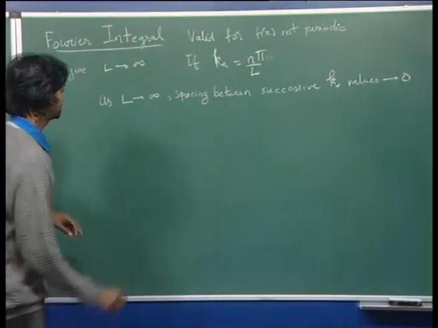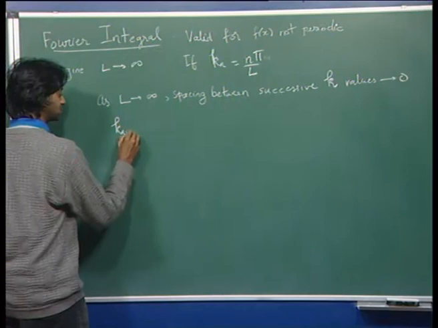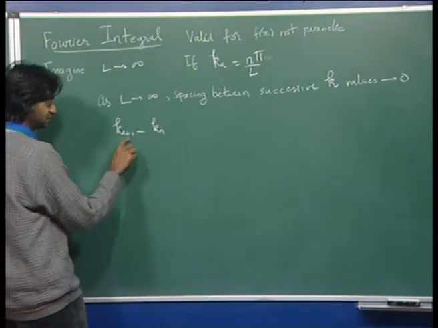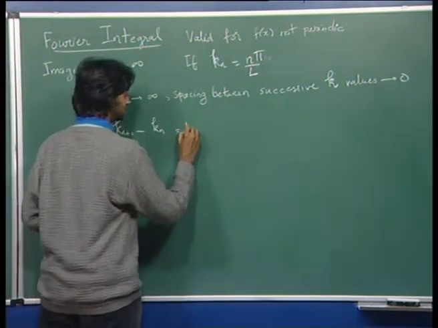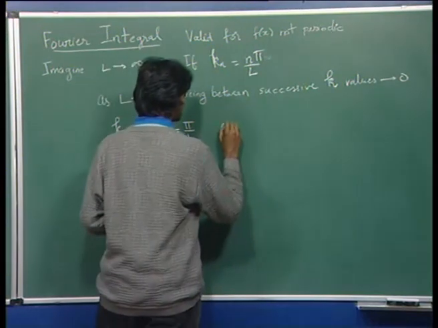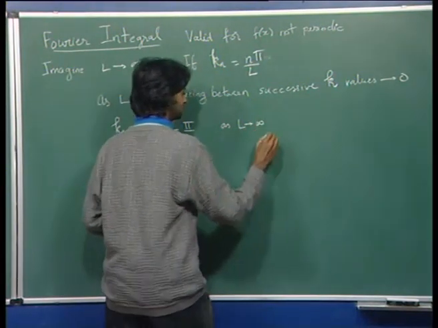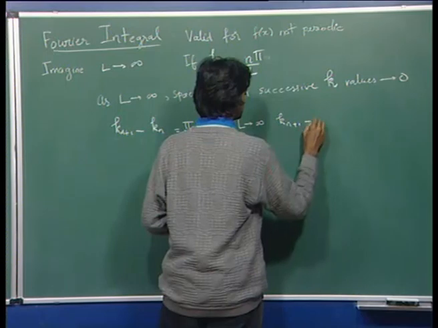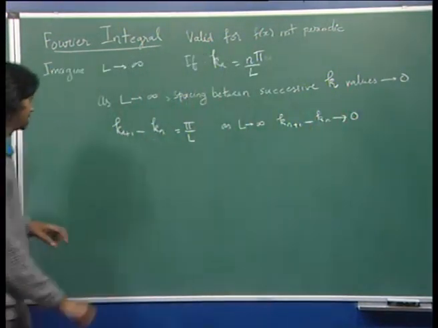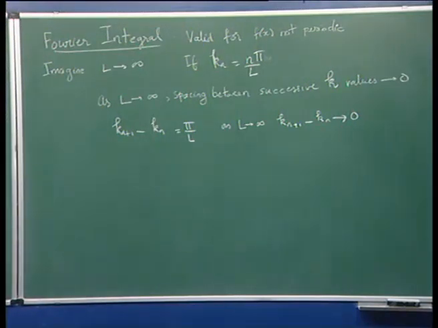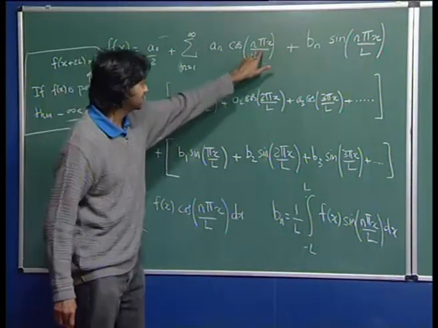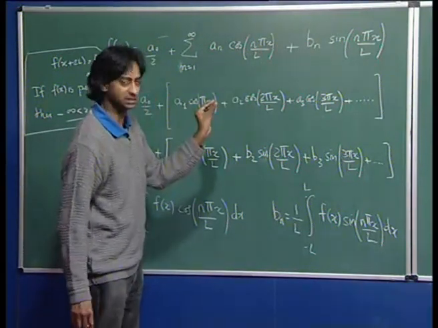In other words, if you look at k n plus 1 minus k n, that's the difference between k n plus 1 and k n. This is just pi by L, and as L tends to infinity, k n plus 1 minus k n tends to 0. So in this sum, the successive k values become very closely spaced.